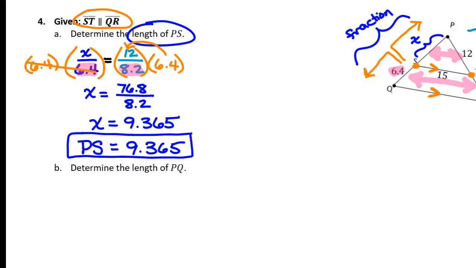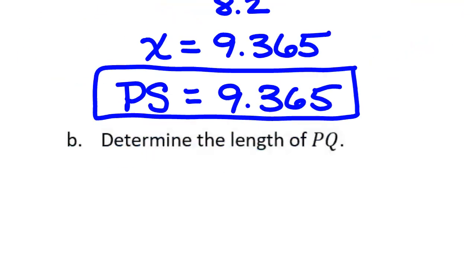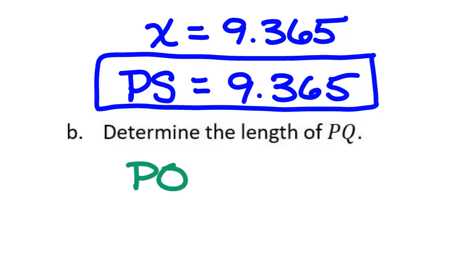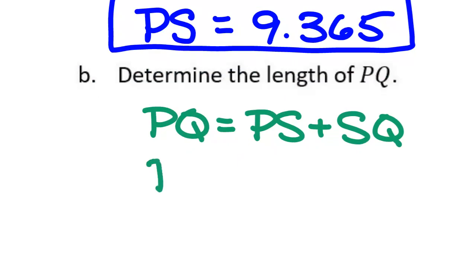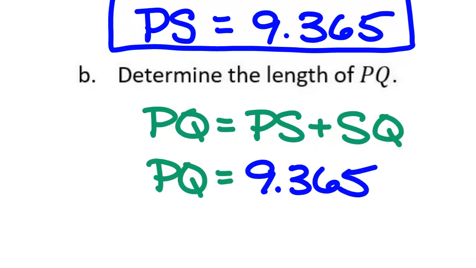Part B says find the length of PQ. Well, PQ is what you get when you put PS together with SQ. We just figured out that PS is 9.365.